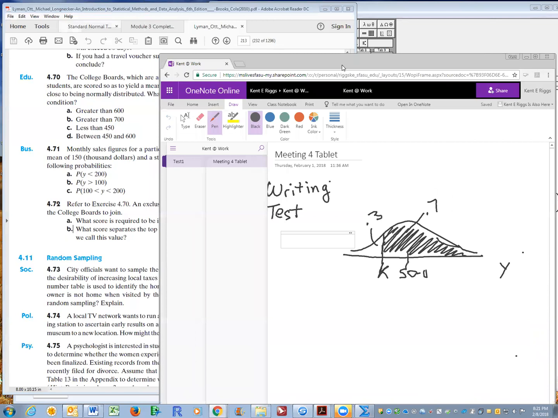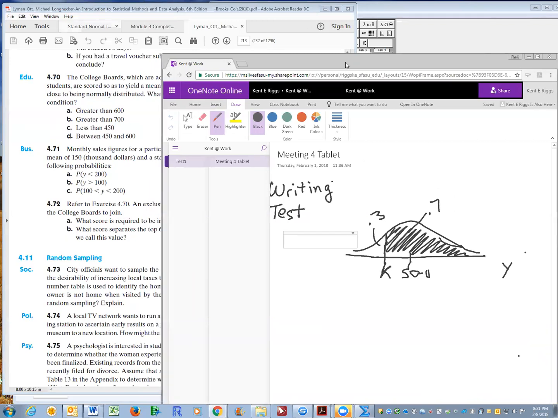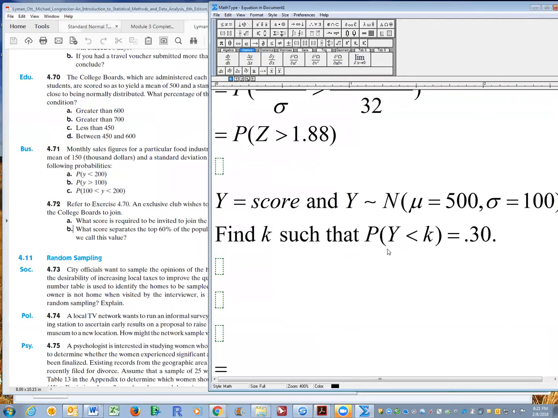So we want to find that K. I'm going to work with this screen now. I want to find that K that corresponds to this probability situation. Actually, I'm going to bring the screen back.